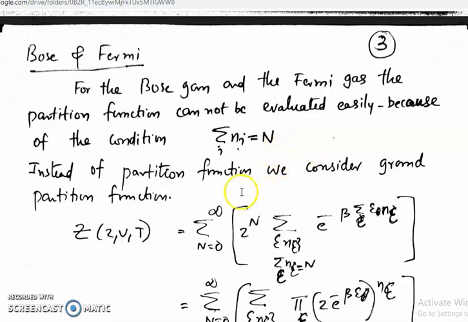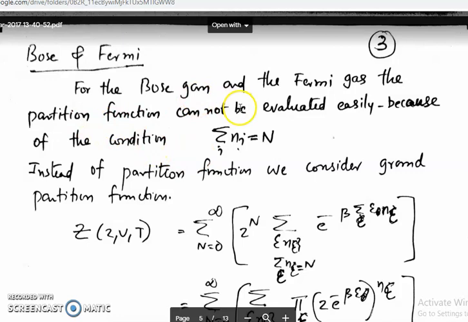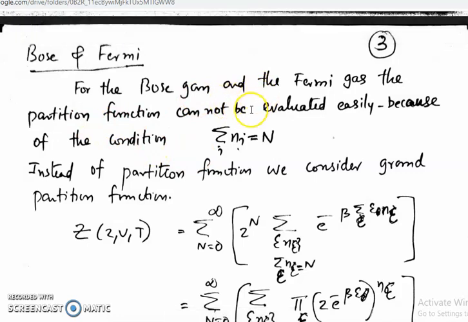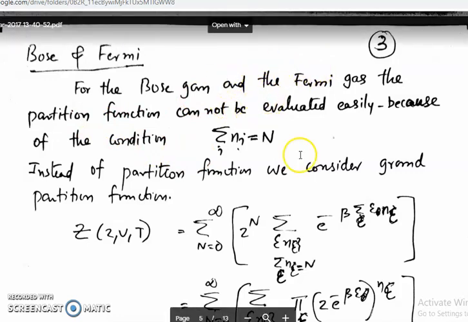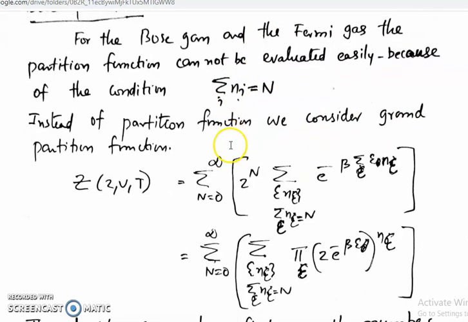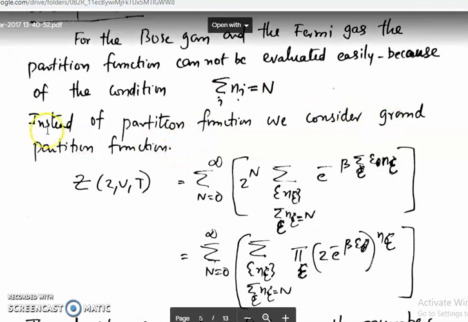Because of this condition, the partition function cannot be easily evaluated for the Bose gas and the Fermi gas. So we consider only the grand partition function.